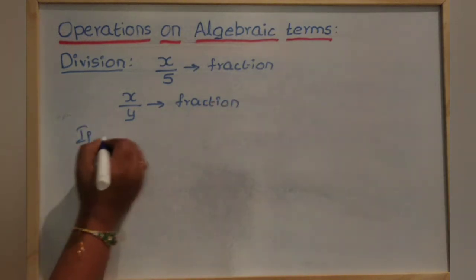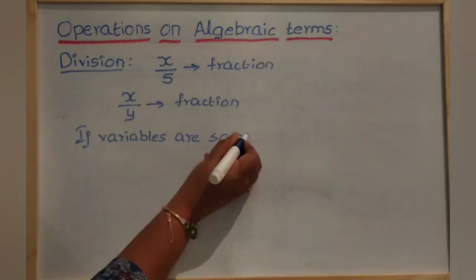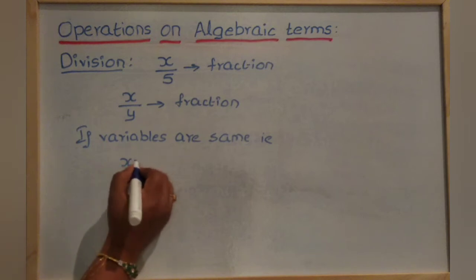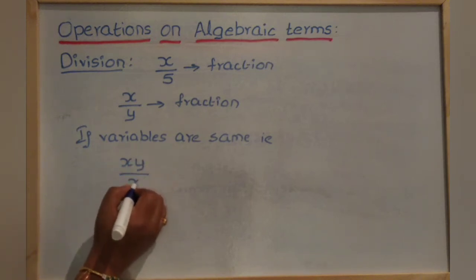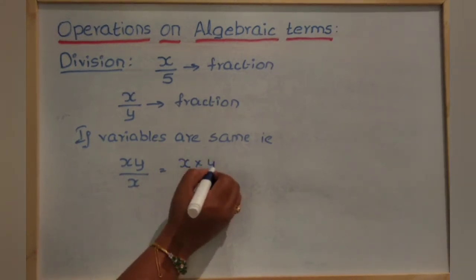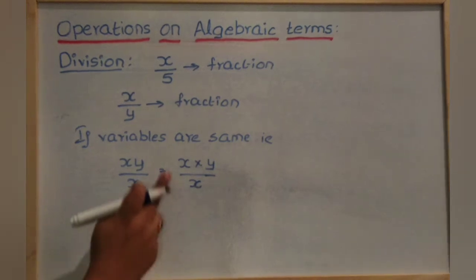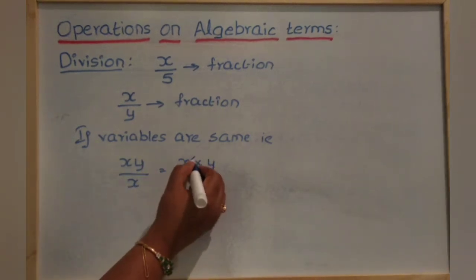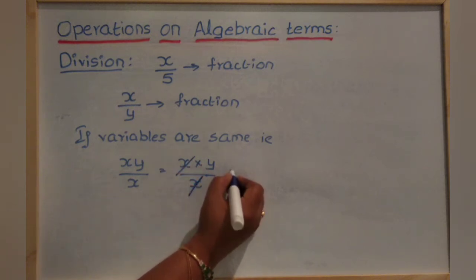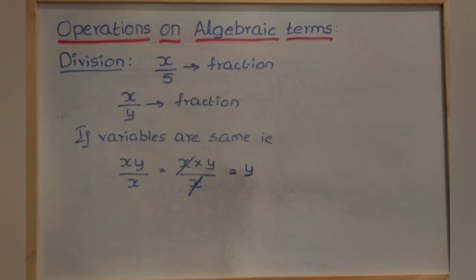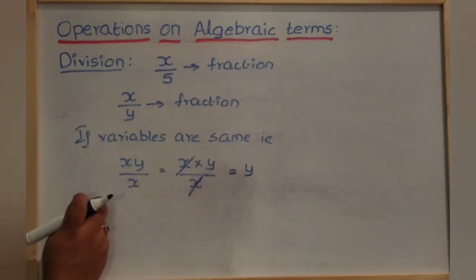If variables are same, suppose xy divided by x, that is equal to x into y by x. Here variable x is common in both numerator and denominator. So x in the numerator and x in the denominator gets cancelled and the result will be y. If the variables are same, then it can be simplified.